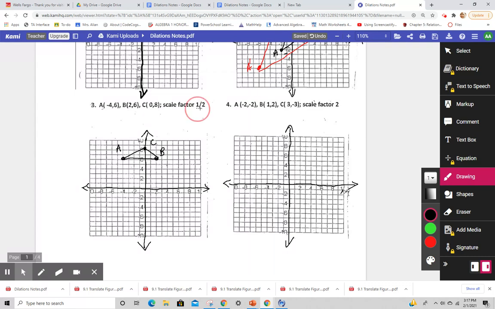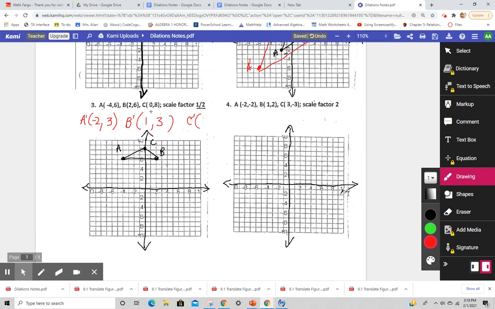And we want to dilate this by a scale factor of 1/2. So we'll do that. A prime: half of -4 is -2, half of 6 is 3. B prime: half of 2 is 1, half of 6 is 3.